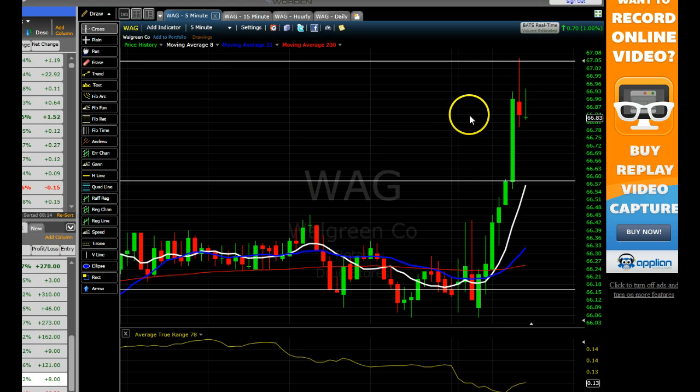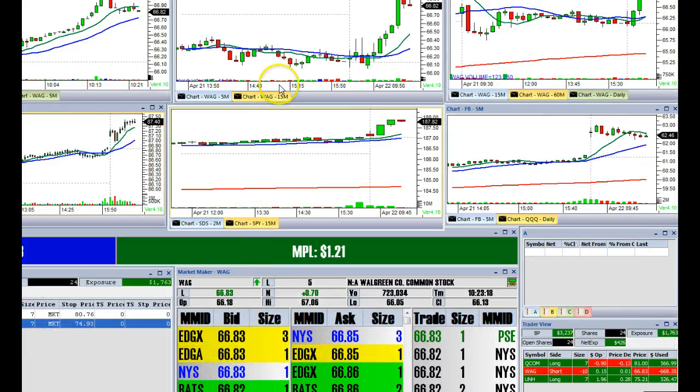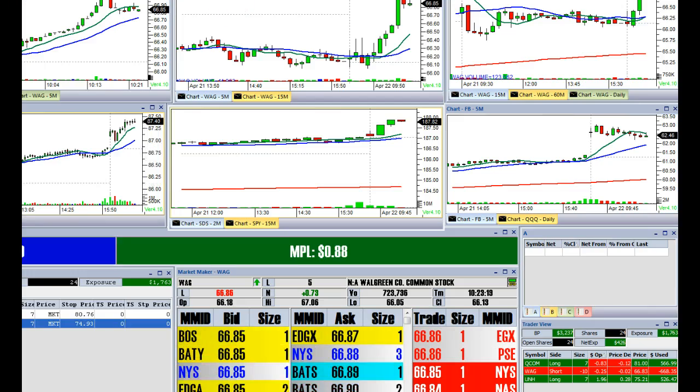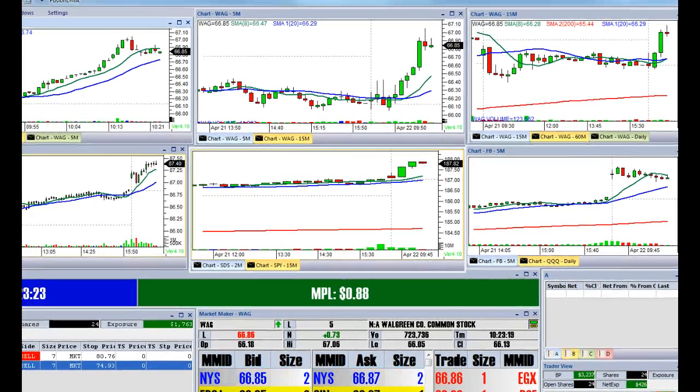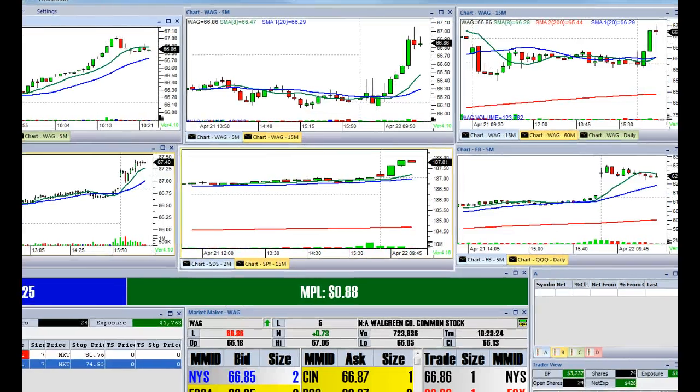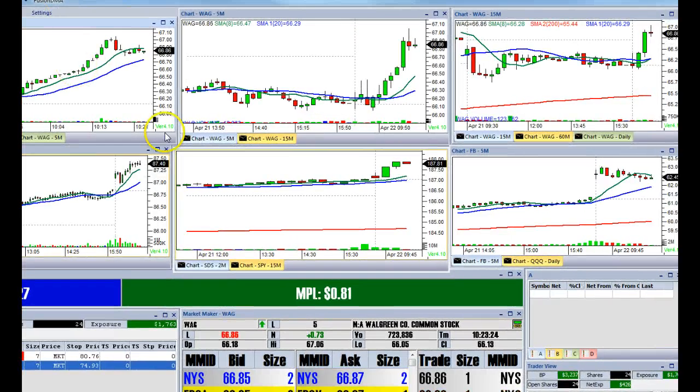So I'm going to switch over now to my trading platform and see if we can make this a little bit bigger here. So here you can see I've got that same chart, just a different view, but again you can see it went up, poked up, and then fell back down.